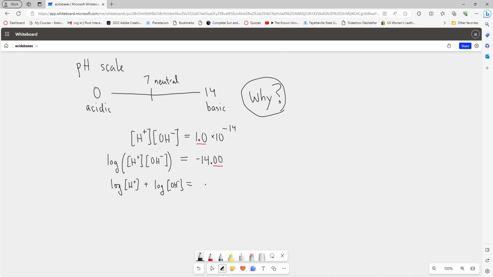And this is still negative 14. We'll take the opposite of both sides. In a moment, you'll see why we're doing this. So make both sides negative. So the negative 14 now becomes positive 14.